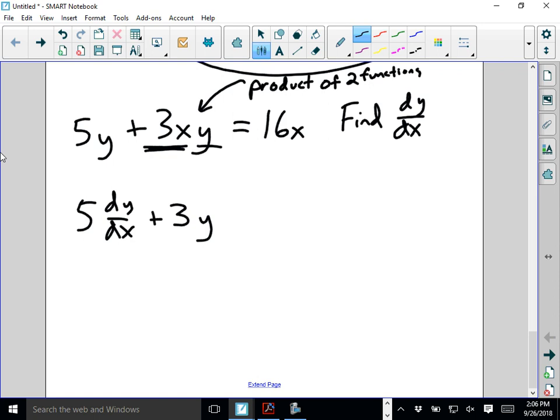Next, product rule is plus, so I want to add on the first function, which is a positive 3x, times the derivative of the second. Well, the derivative of y is 1, but I need to tack on to 1. I need to do 1 times dy/dx.